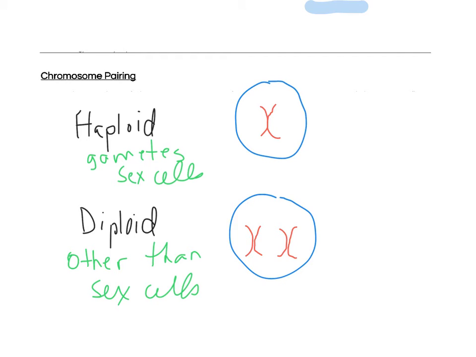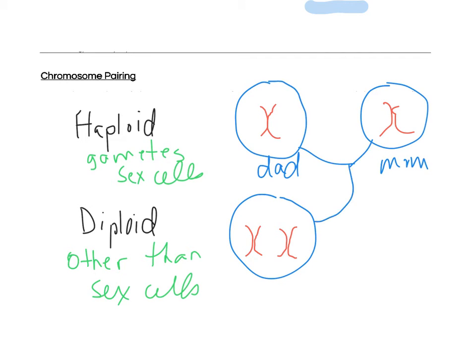So in order to make you, or any organism that is produced via sexual reproduction, there had to have been one sex cell from your mom and one sex cell from your dad. So for instance, this might have been dad, and this might have been mom, and then the two of them will come together to form the first cell that might be you.